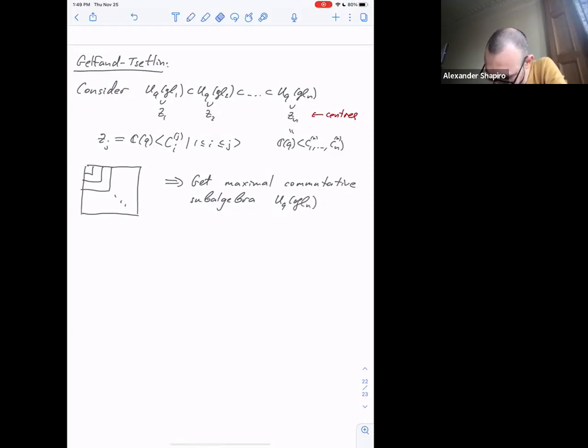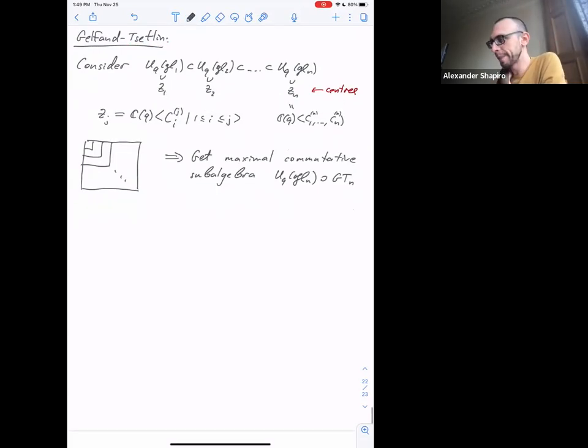People usually denote it the Gelfand-Tsetlin subalgebra, and if they spell Tsetlin with a Z, then it's GZ. But I was recently explained that Tsetlin should be spelled this way, so I'll just write GT. This is for Gelfand-Tsetlin. And this GT_n is, by definition, the algebra of rational functions of q generated by all of these C_ij, where i runs from 1 to j and j runs from 1 to n.